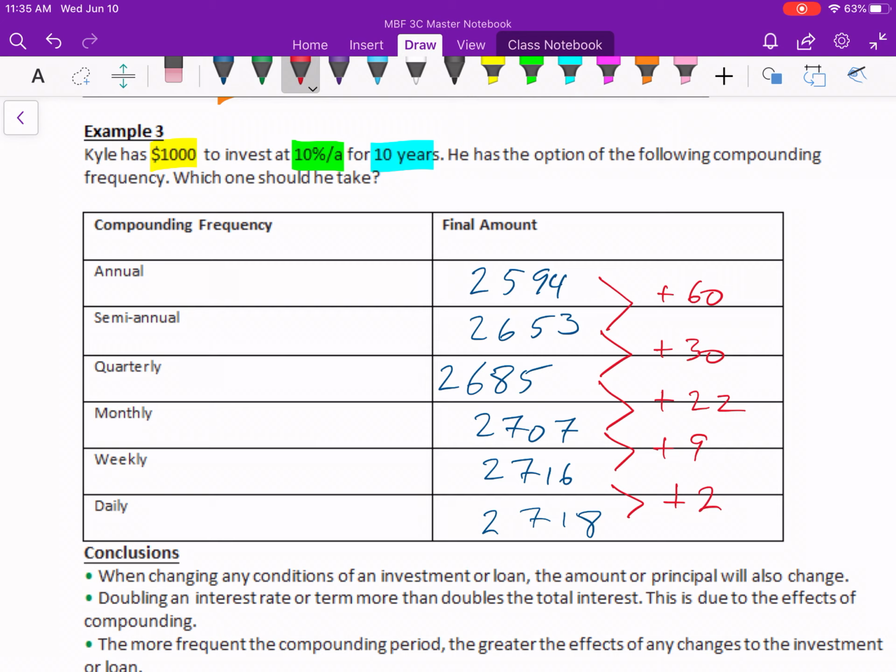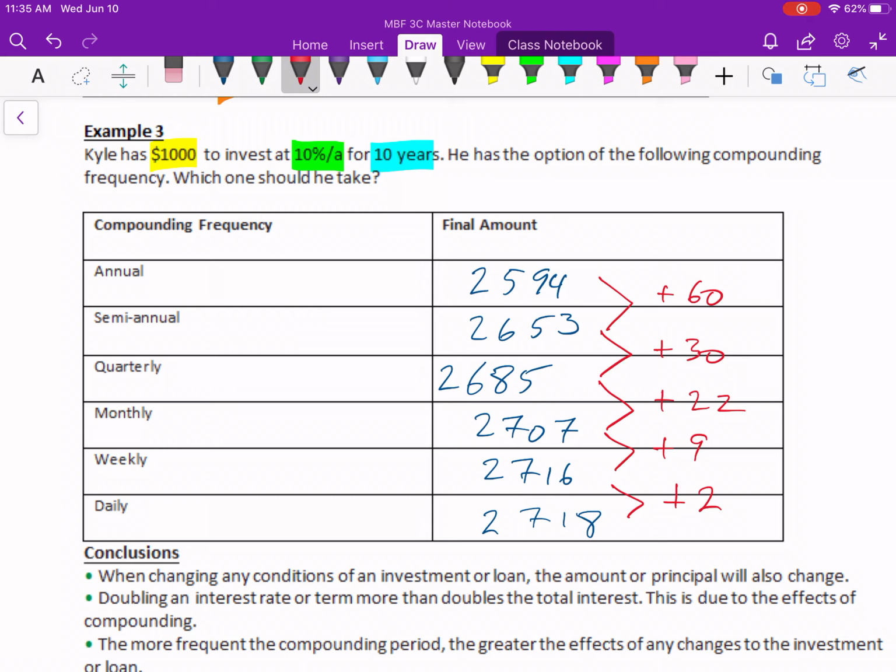So as we increase the compounding frequency, it definitely increases the value of our investment, or the cost of a loan if it was a loan. But the biggest gains are at the lower end, going from annual to semi-annual or semi-annual to quarterly. It's not quite as big a jump for the last one.